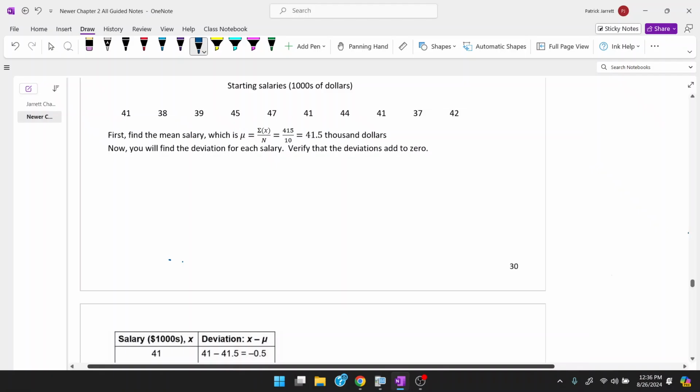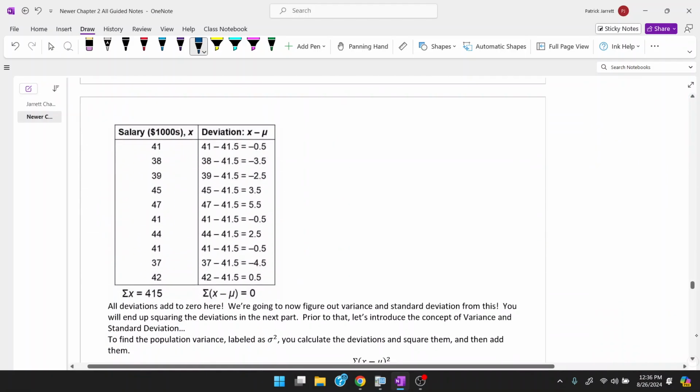So what happens here is I calculate each deviation. Now, some of them are positive, some of them are negative. That's okay.